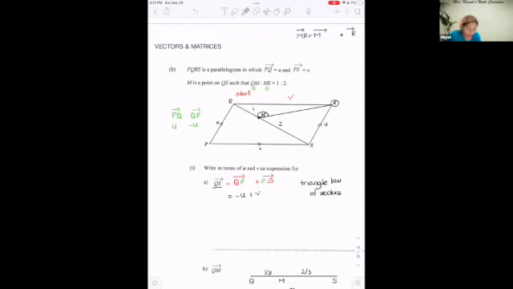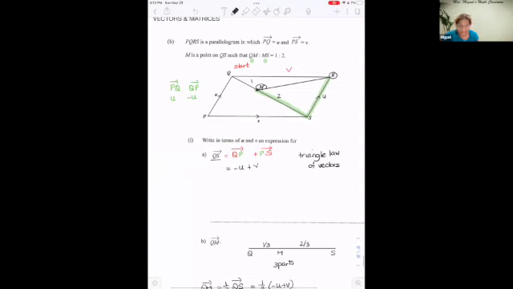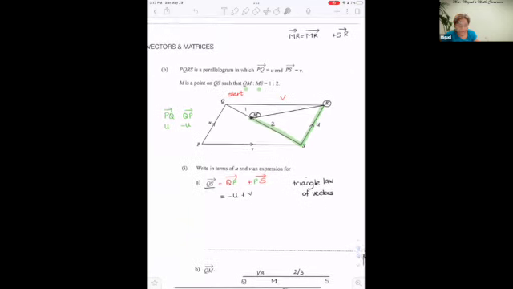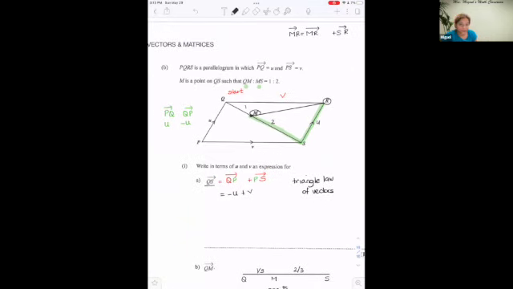So I could go from M to S and S to R. Do you all see that? Yes, miss. We already established MS is 2/3 QS, and we already have the vector SR to be U. So it is only a matter of combining it now.